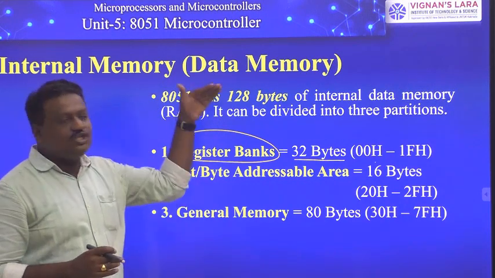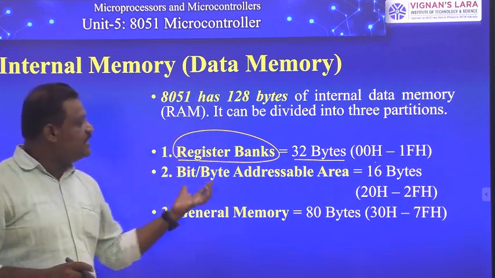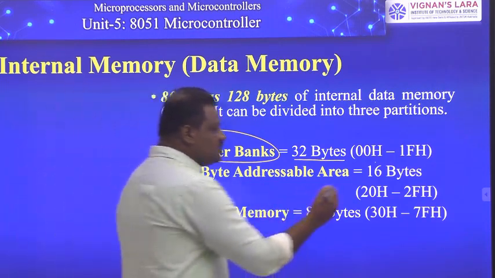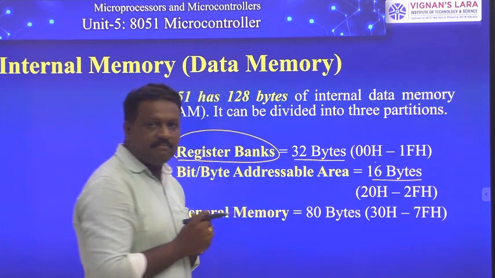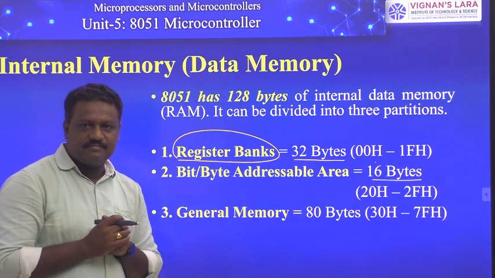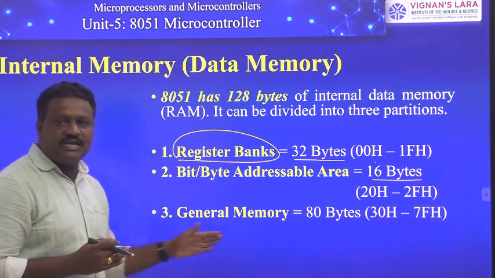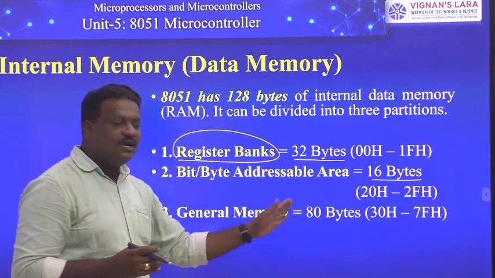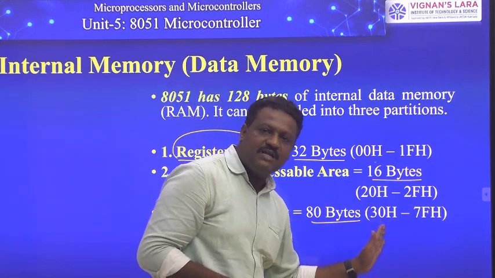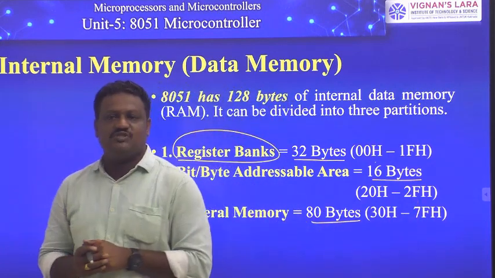And the second partition of my internal RAM is the bit/byte addressable memory area. Under this, 16 bytes are allocated. Their address range is from 20H to 2FH. And the last partition is considered as general memory of size 80 bytes, whose addresses are in the range from 30H to 7FH.